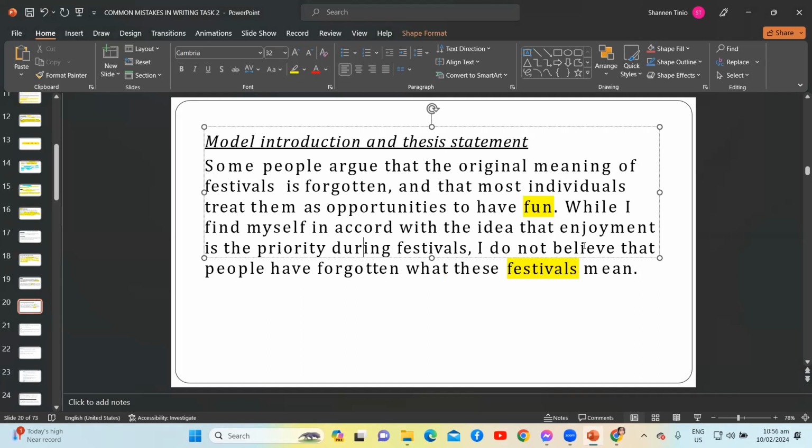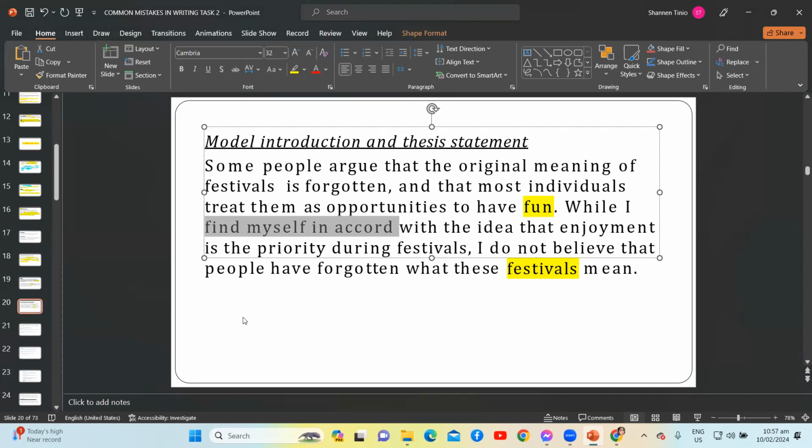Ito naman, disagree to. Paano ko nasabing disagree? I find myself in accord with the idea that enjoyment is the priority during festivals. I find myself in accord, meaning I do not agree. I disagree. Pwede mo namang baguhin. Pwede mo namang hindi ilagay yung word na disagree. But there are other terms to use if you don't agree on something.